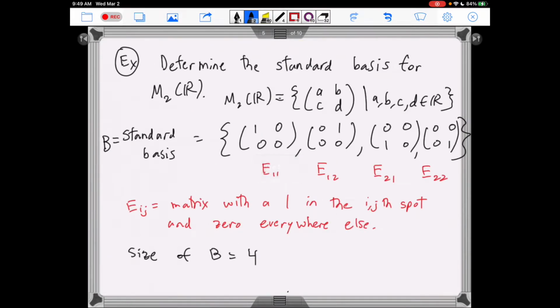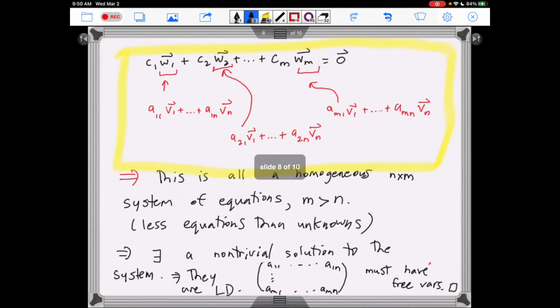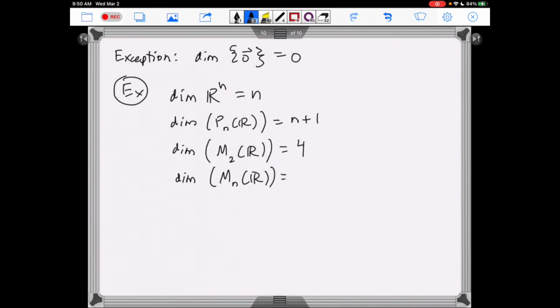We basically had a basis vector associated to every ij spot. So all we really need to do is count the number of spots in the matrix. An n by n matrix has n times n, or n squared spots. So that's going to be the dimension of that vector space. What about any m by n matrix? That's just going to be m times n.